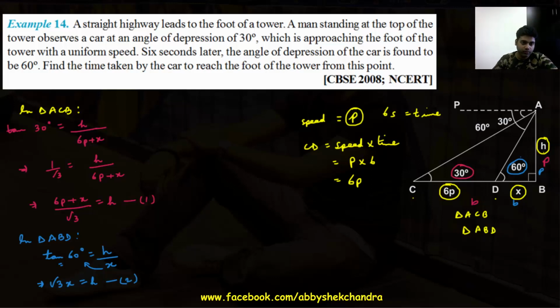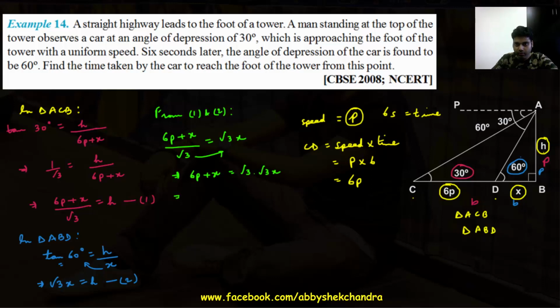Now from 1 and 2, can we equate them? From 1 and 2, 6P plus X by root 3 equal to root 3x, or 6P plus X, take this root 3 to the other side, equal to root 3 times root 3x, or 6P plus X equal to root 3 into root 3 is 3x.